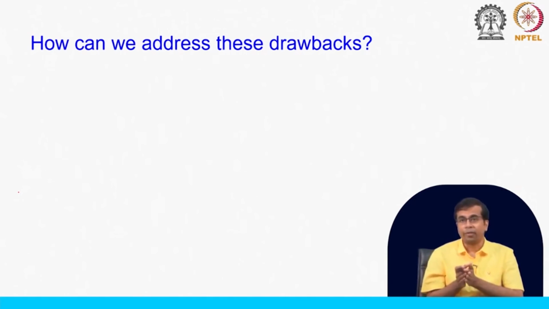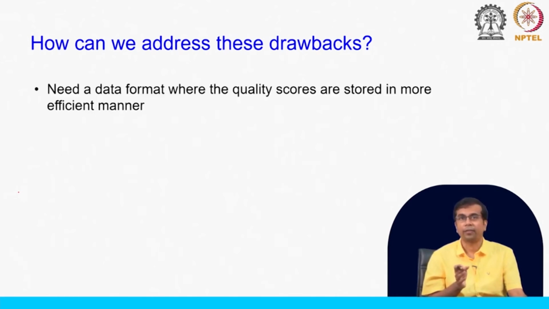Which means you require a new data format. It is not going to happen with the FASTA format. What you need is a data format where the quality scores are stored in a more efficient manner. Right now you are storing 2 digits for every base, then you have the spaces between these numbers.